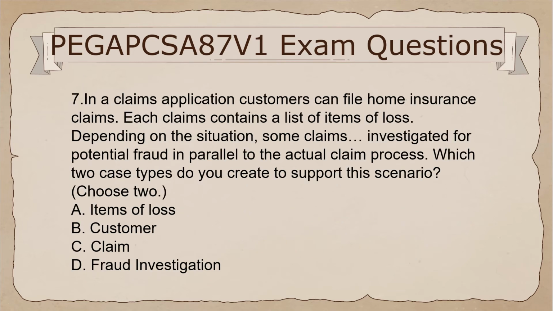7. In a claims application, customers can file home insurance claims. Each claim contains a list of items of loss. Depending on the situation, some claims are investigated for potential fraud in parallel to the actual claim process. Which two case types do you create to support this scenario?